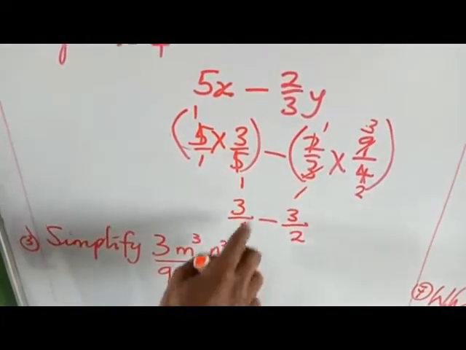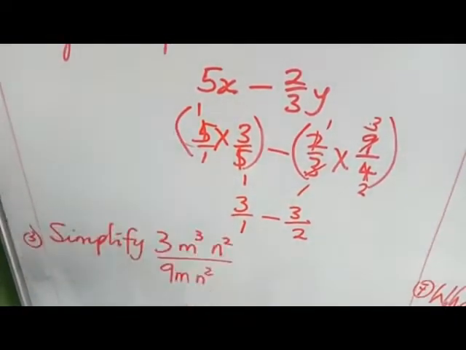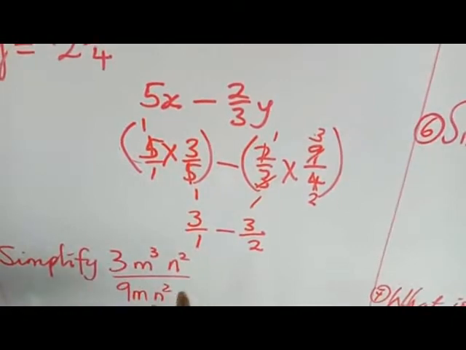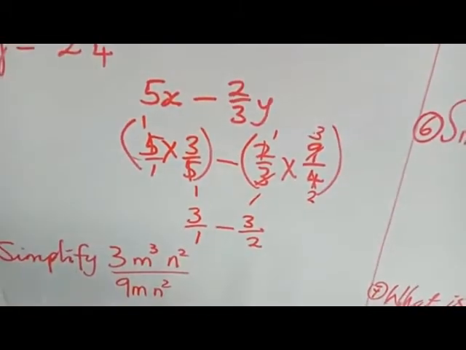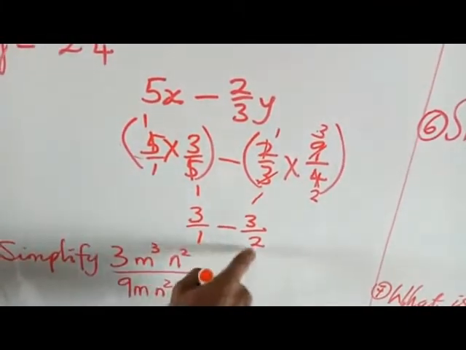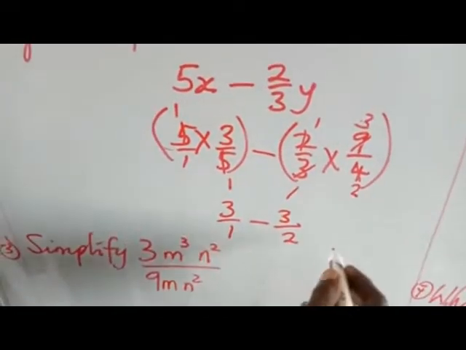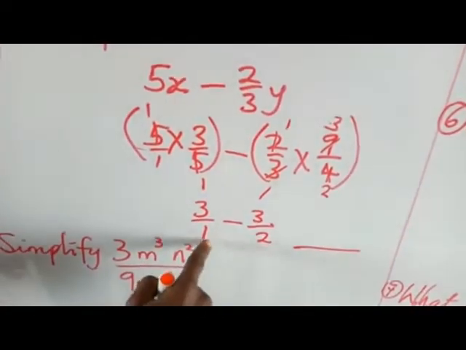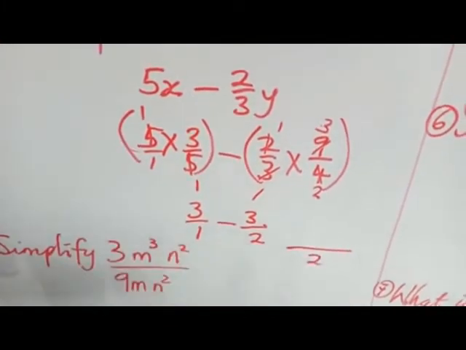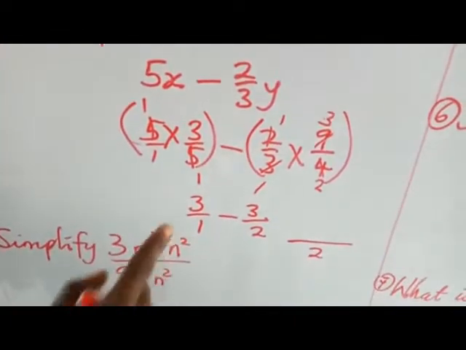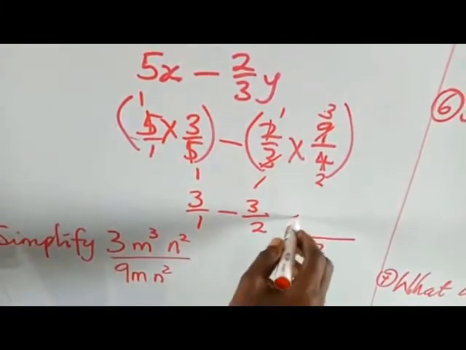When we were learning fractions, I told you that when we do addition and subtraction of fractions, you need to find the LCM when the denominators are different. In this case, you can see that the denominators are different, so we find the LCM. LCM of 2 and 1 is what? 2. So 2 divided by 1 gives you 2. 2 times 3 is 6.